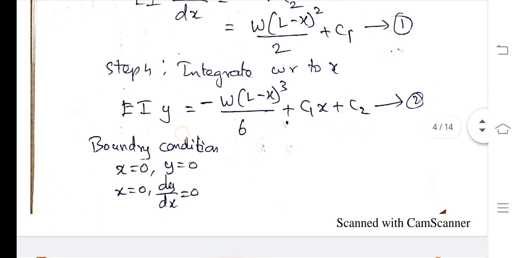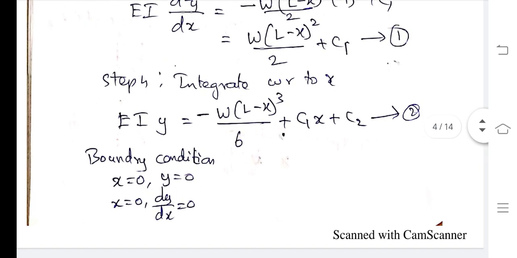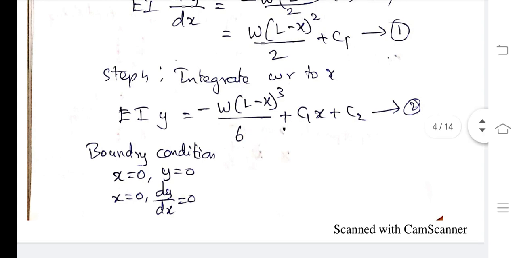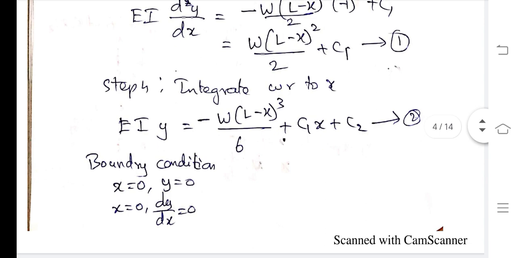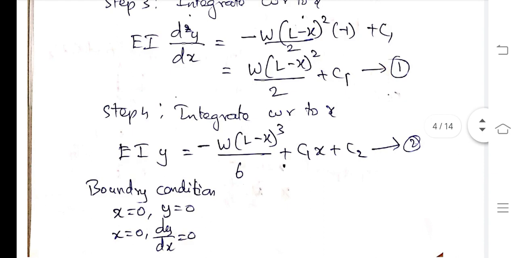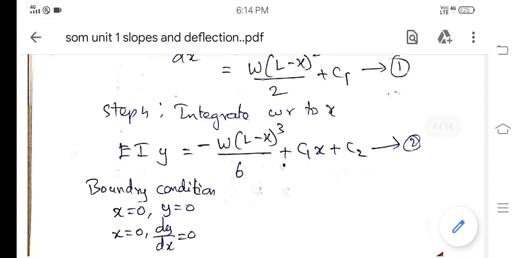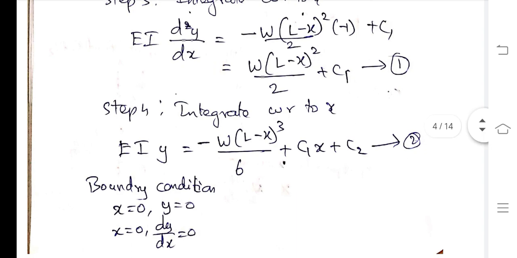So EI into y is equal to minus W into L minus x whole cube divided by 6, since the cube comes to the denominator, 2 into 3 equal to 6, plus C1 x, because integrating a constant gives x, and then another constant C2 will come. These equations 1 and 2 are called the slope equation and deflection equation, because y is deflection and dy by dx is slope.